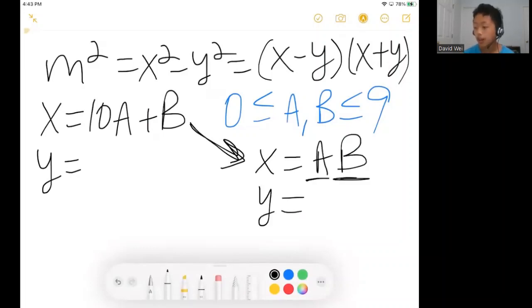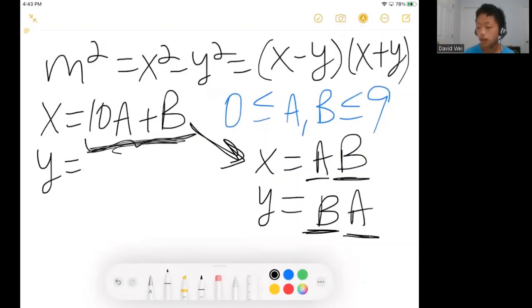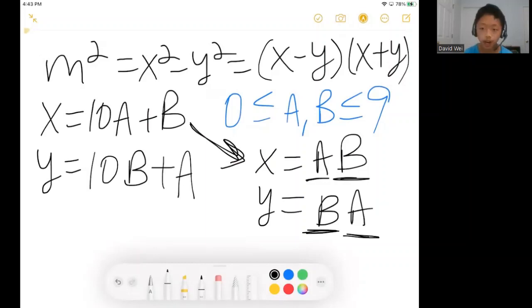So that means y, when you reverse the digits, is going to be ba. If we write it in this form, we would get 10b plus a for y. This is a very common condition you'll see in math problems, where you have some variable and you reverse its digits.